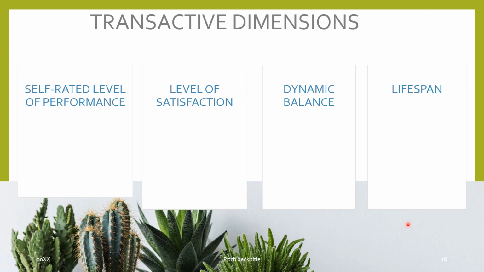Okay. So our transactive dimensions. What that means is as the client interacts with the environment and their occupation, they have the chance to self-rate. So they are determining whether they have met their goals or not, or if they're satisfied with their performance or not.